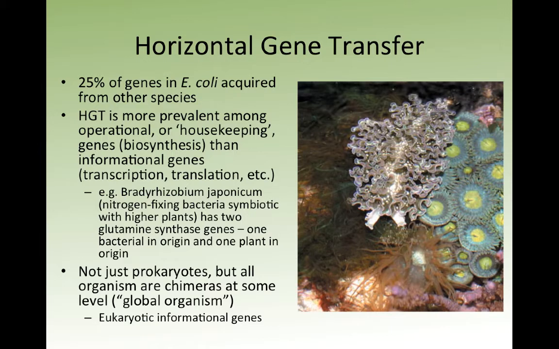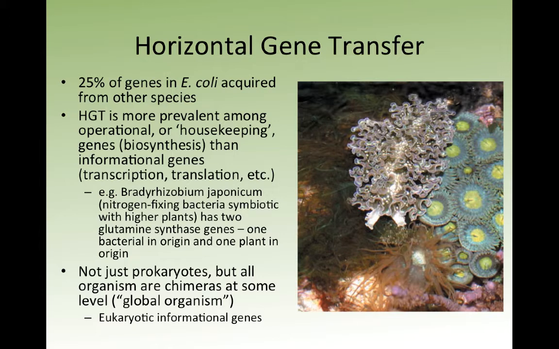We have seen examples where a Methanococcus species has genes from yeast. We have seen human genes get picked up by tuberculosis. We've seen examples here of Bradyrhizobium japonicum, where it has two glutamine synthase genes, one that comes from its bacterial lineage, another one that comes from a plant lineage that it's associated with.